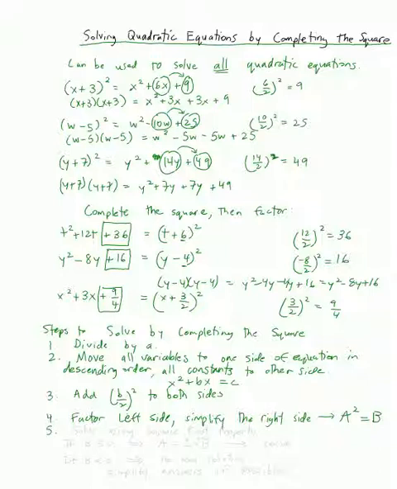Finally, step 5, we're going to solve using the square root property. If you don't know what the square root property is, I suggest you watch the other video on the square root property. I am going to review it right now, though. For the square root property, just remember that if b is greater than or equal to 0, then a is plus or minus the square root of b.